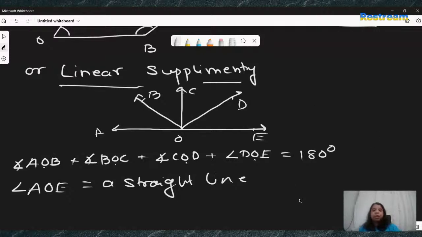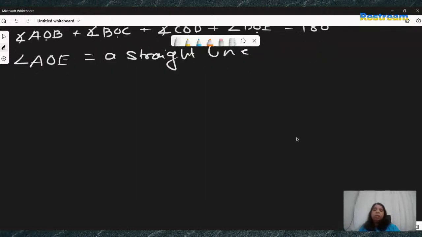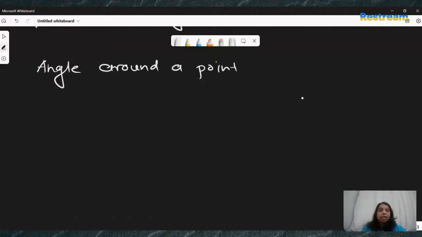Okay. Now, next one is called angles around a point. This is also one of the types of angles that come up very frequently. All these angles add up to 360 degrees.